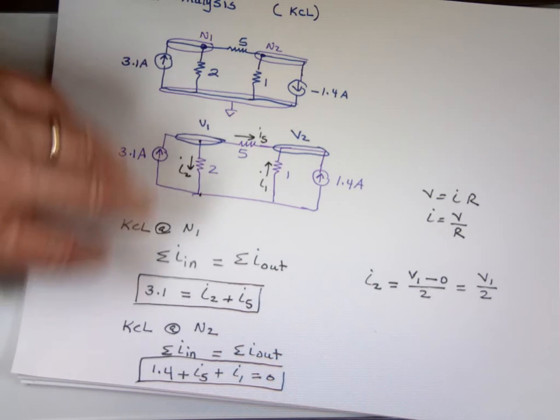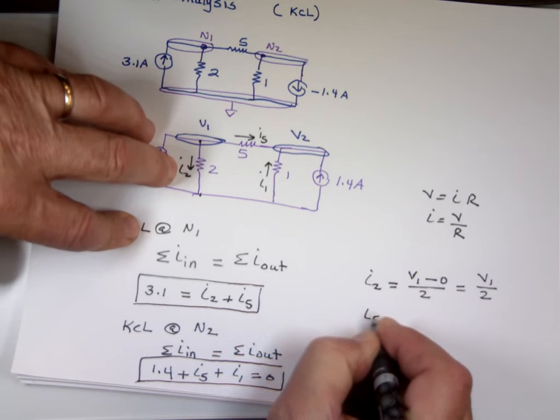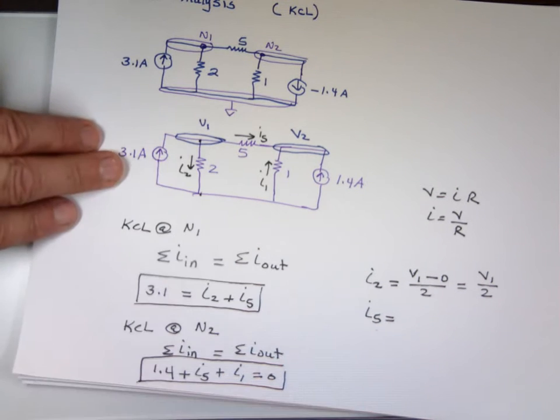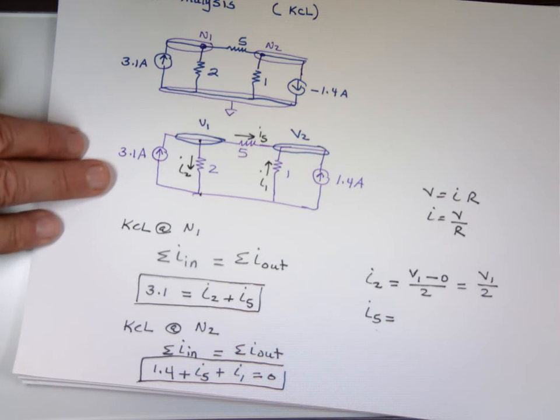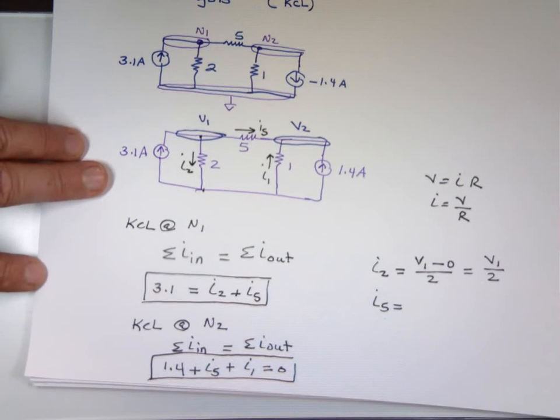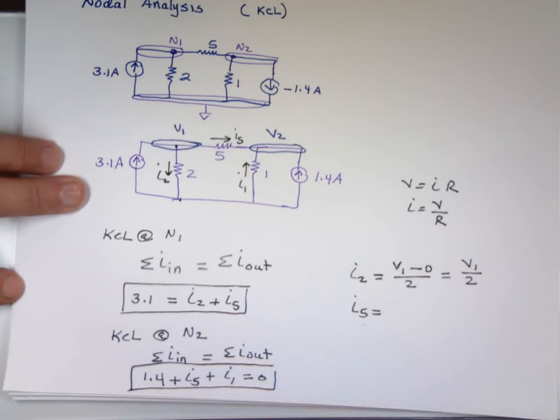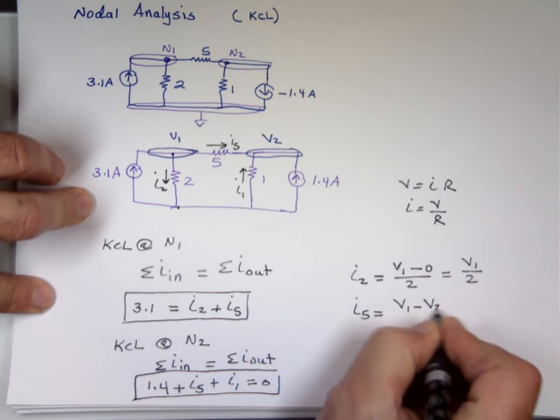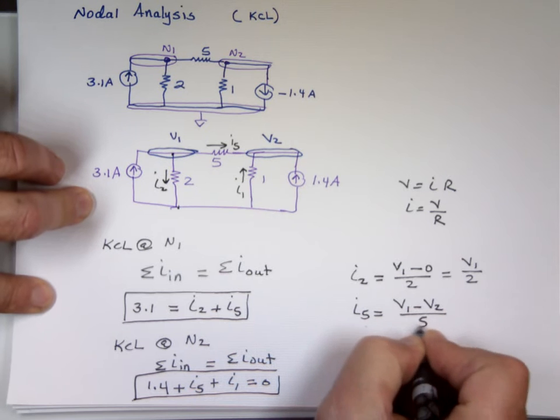Let's look at I sub 5. Right here, it's going to the right. So which voltage? V1 minus V2, divided by what? 5, yes.